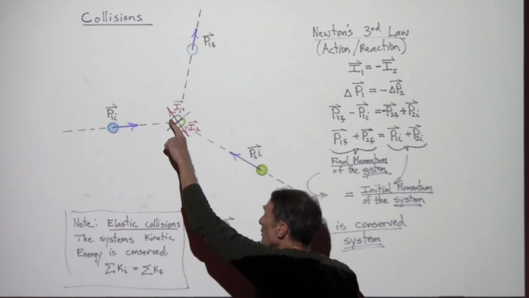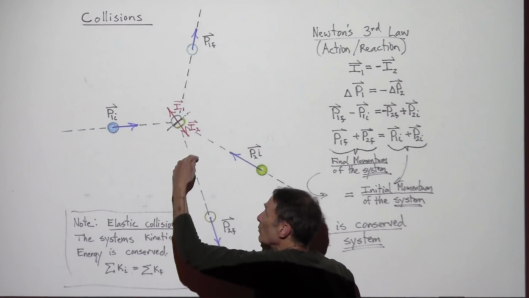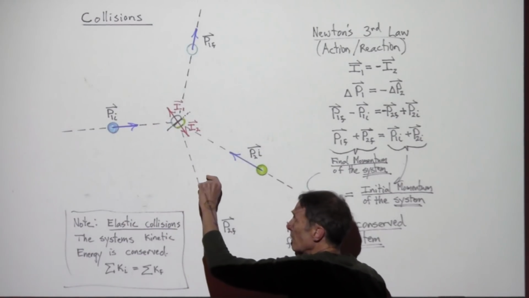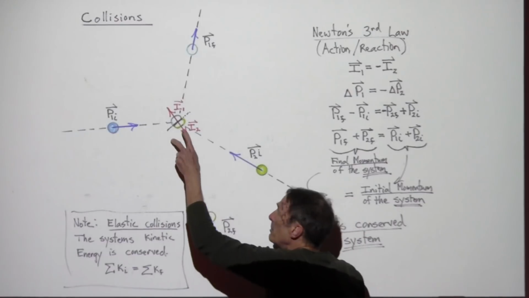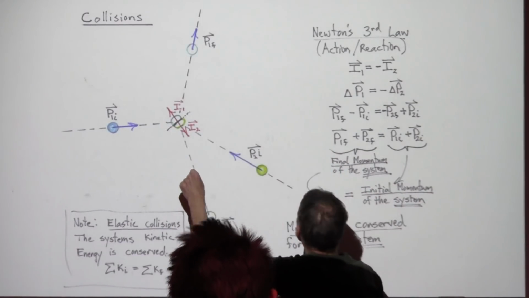And then while they're in contact, there's going to be Newton's third law, action and reaction. A force on one is going to be equal and opposite the force on the other. They're going to exist in this state for as long as that collision happens.